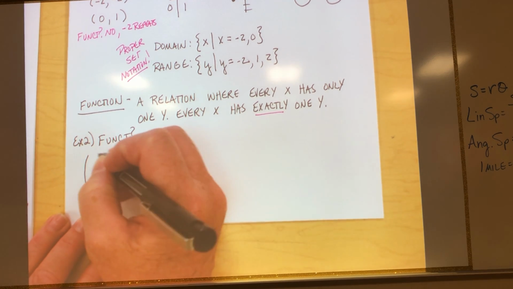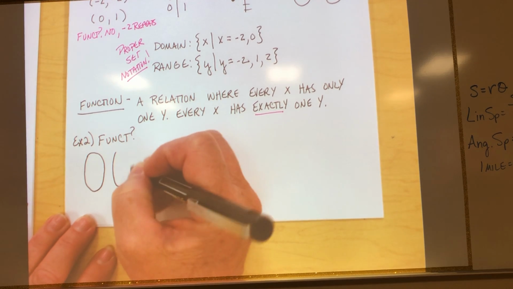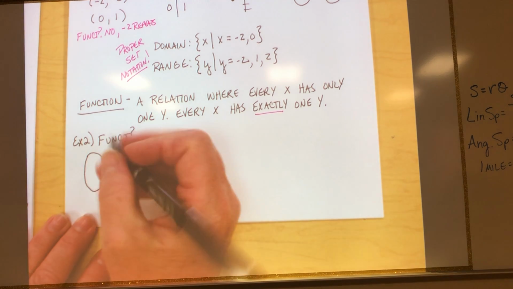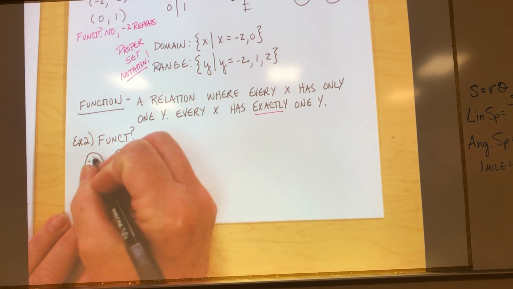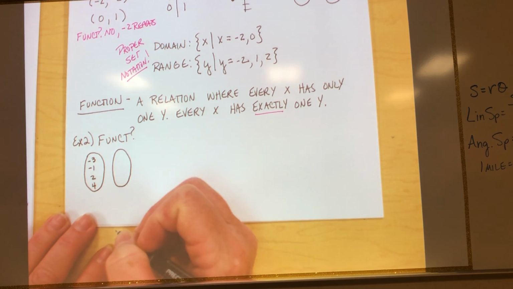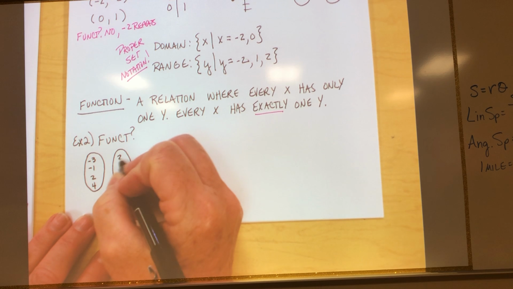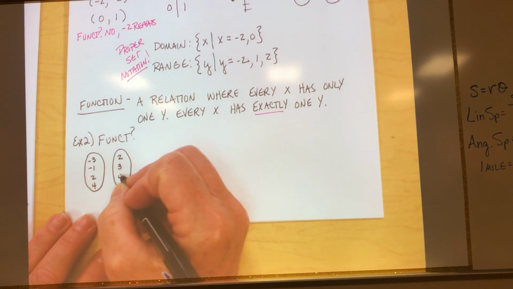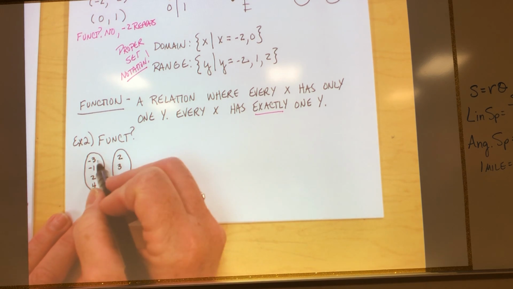Here are my mappings, my 2 little circles. Naturally, the first one is the input. The second one is the output. The input contains the points -3, -1, 2, and 4. The output contains 2, 3, and 4. And it looks like this.